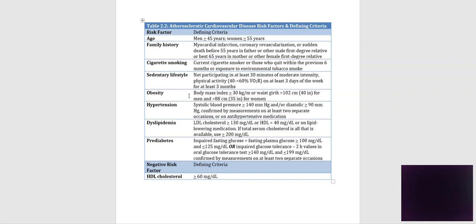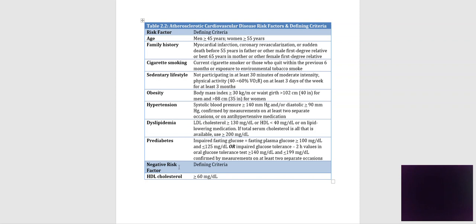But let's say their HDL cholesterol is 65 mg/dL. That is considered a negative risk factor. So if you counted 3 risk factors up here, but they also have a high HDL cholesterol, you subtract 1 from the 3 that you counted. So in this case, it would be 2.